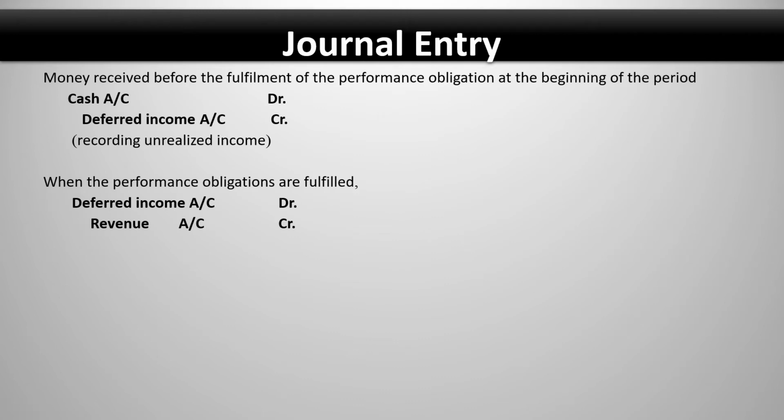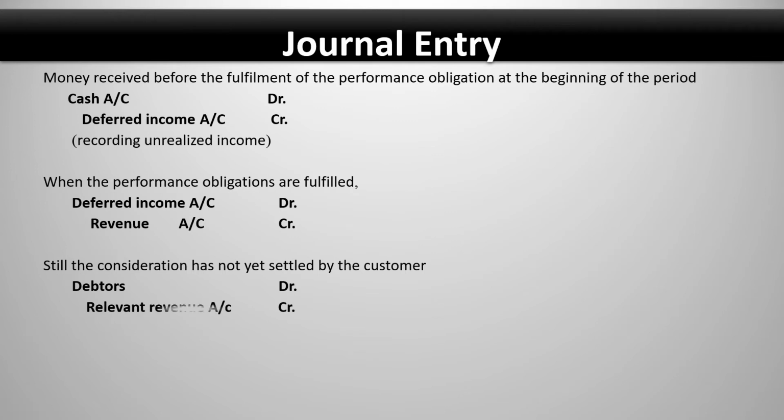Then, if the consideration has still not been fully settled by the customer, we transfer the amount receivable from the customer to the debtors account, and we credit the relevant income account.